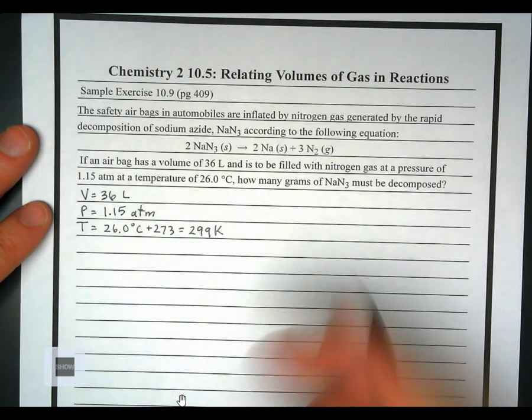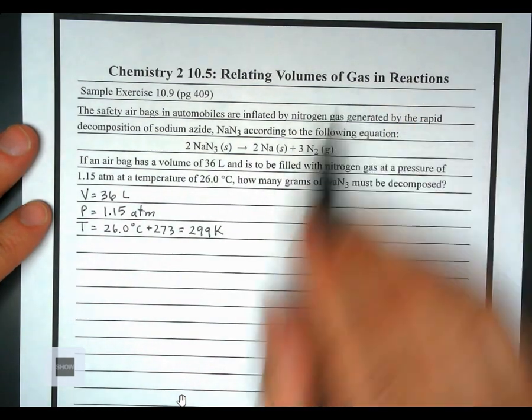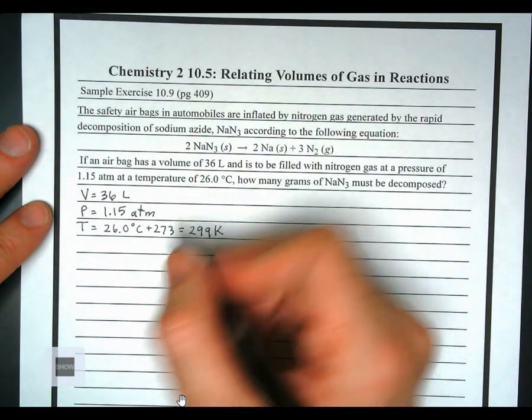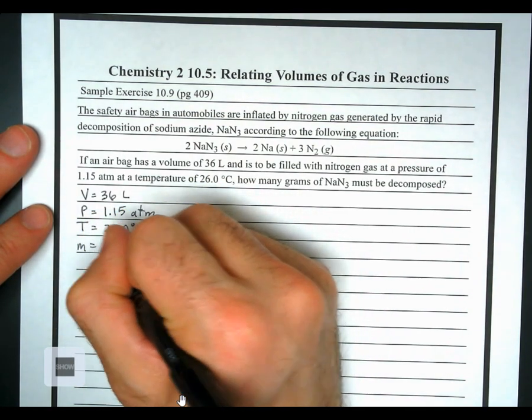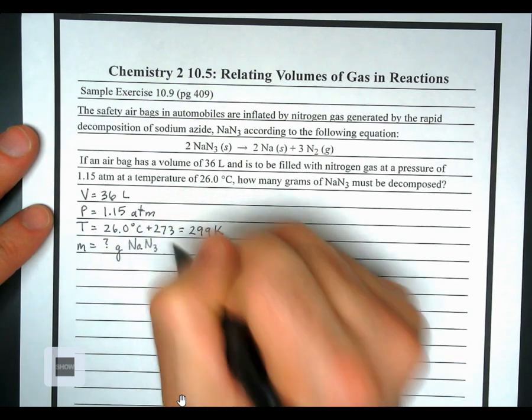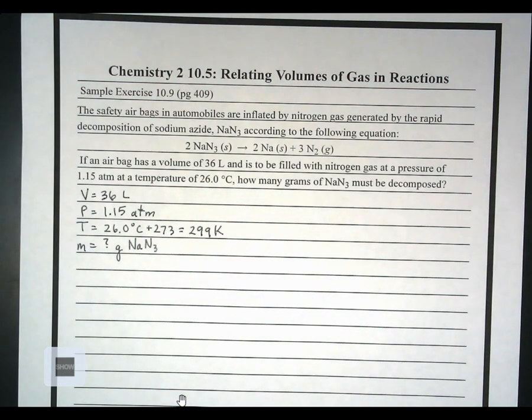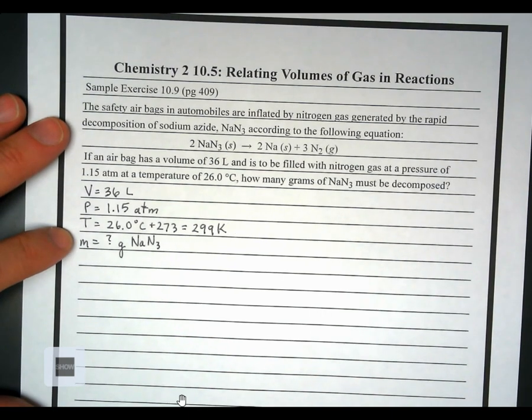Okay. And how many grams of NaN3? So we are looking for mass in grams of NaN3, right? So if we look at what we have, volume, pressure, temperature, and a mass, correct?